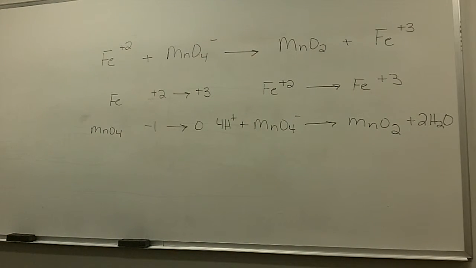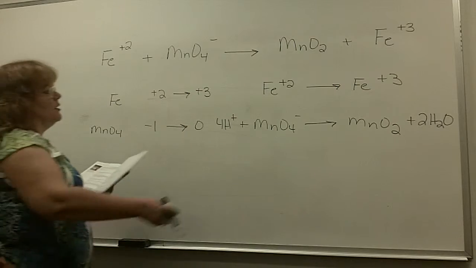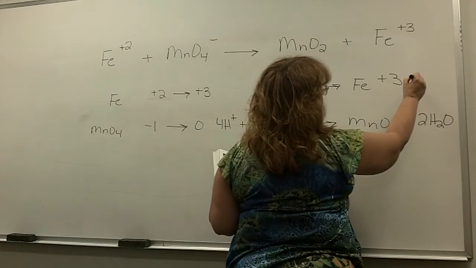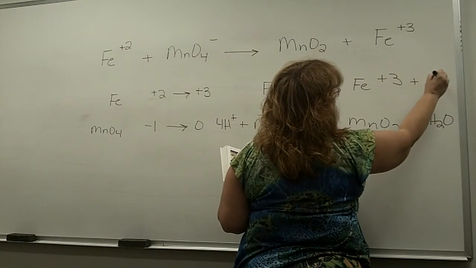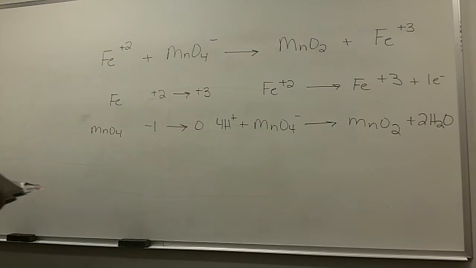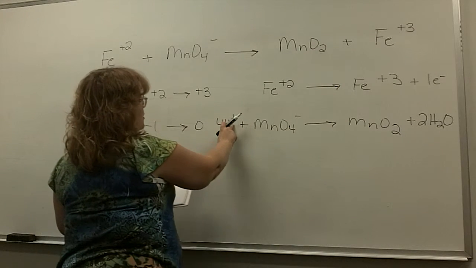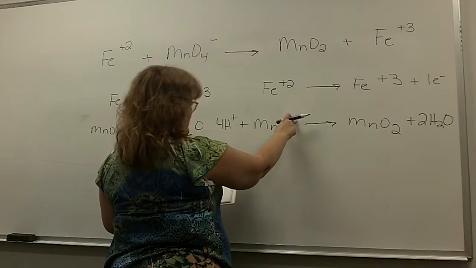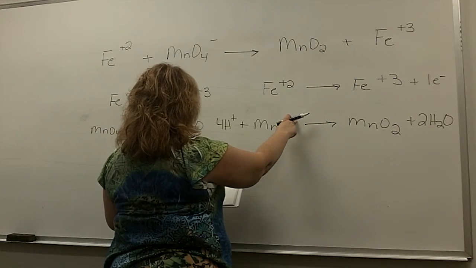Now we've got to balance the half reactions by adding electrons to the one with a more positive charge. So if I'm looking at this, I've got to add 1 electron there. And on the bottom one, I've got 4, you've got 3, so minus 1 is 3 over here.